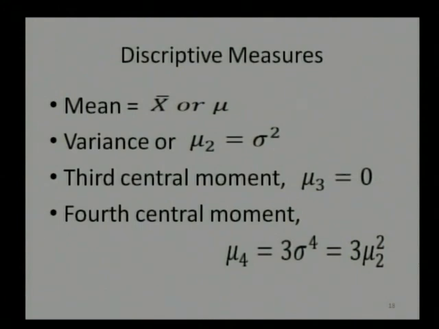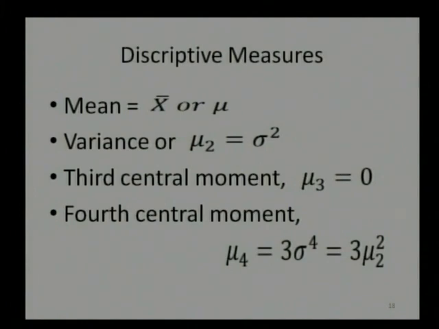Friends, you know the formula for mean and variance respectively, right? Now the third central moment, mu3, is always 0 for a normal distribution, and the fourth central moment, mu4, is equivalent to 3 sigma raised to 4, or 3 mu2 square, because mu2 is equal to sigma square.